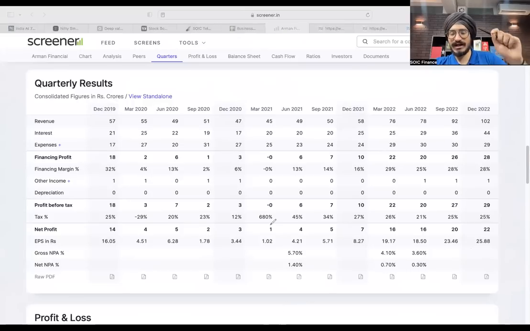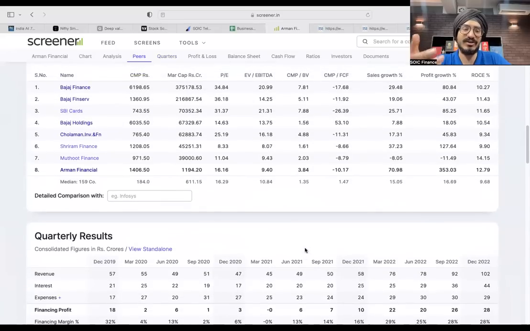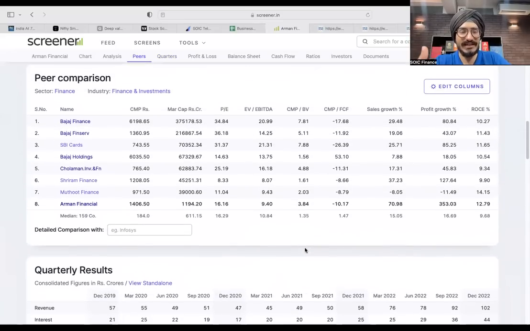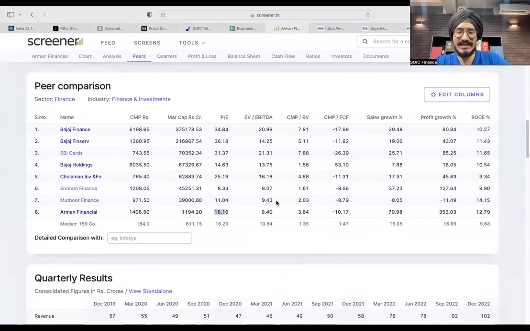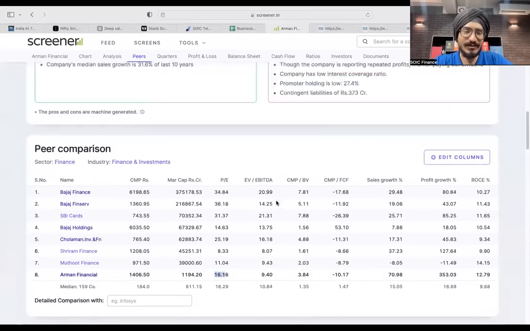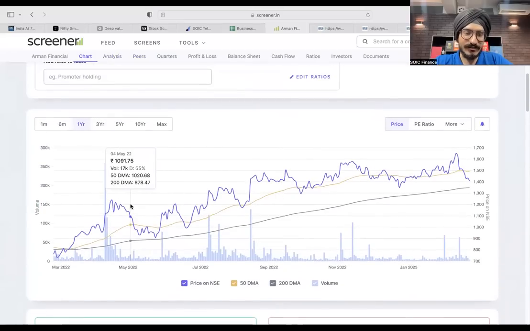One of the districts in Maharashtra blew up for them, and because of that, GNP is slightly increased year on year, but quarter on quarter GNPs have also fallen. But again, I couldn't find anything super negative to get an idea of why the correction happened, because entire markets are correcting. So I don't actually know why the correction happened in this. That is something I'm thinking about, because now the stock is back to 16p, or 3.7, 3.8 times price to book.